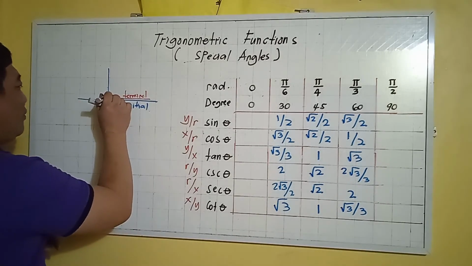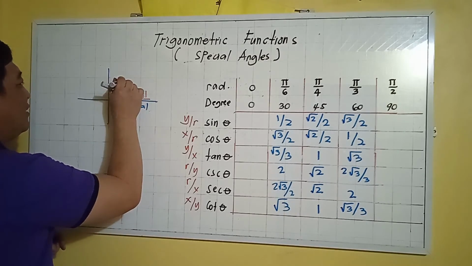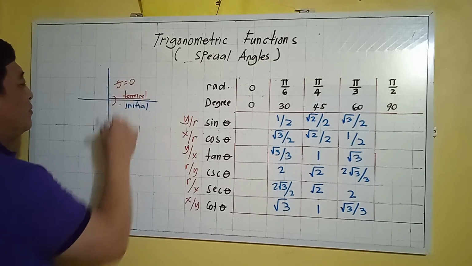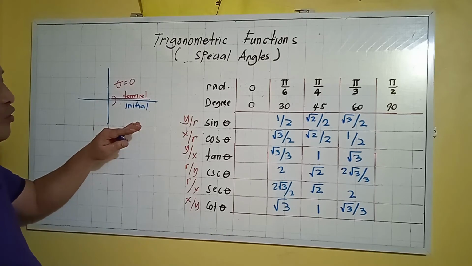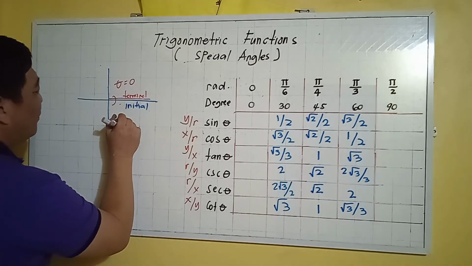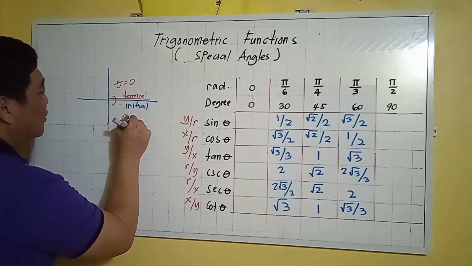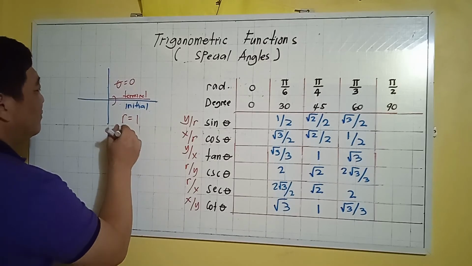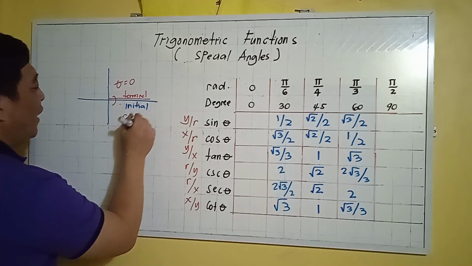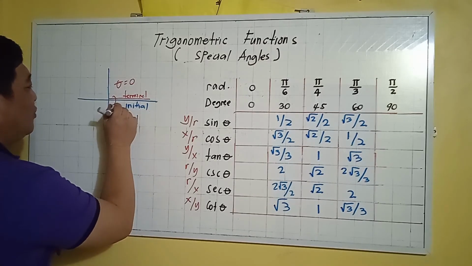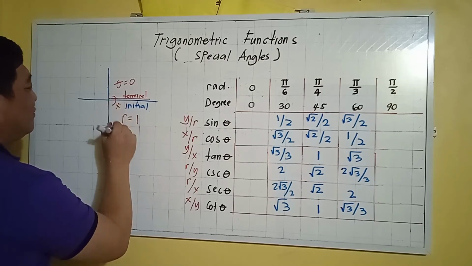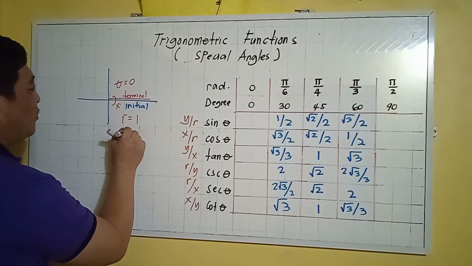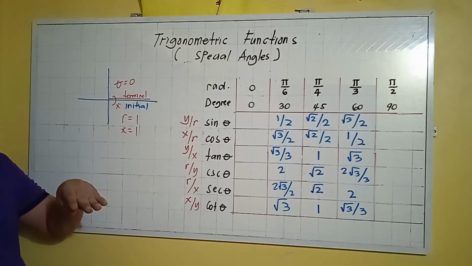So, this means theta is equal to 0. If theta is equal to 0, we have r equal to 1, and this one is your x. X is equal to 1, so it has the same dimension as r.